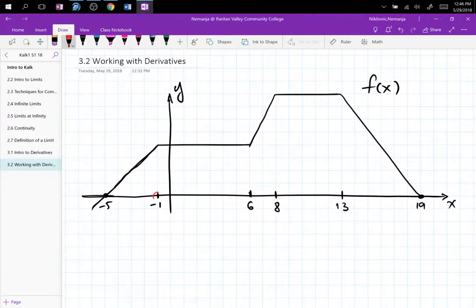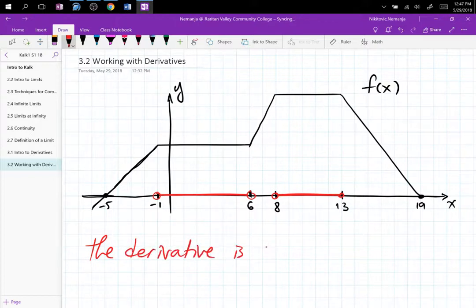So from -1, open circle, to 6, open circle, the derivative function is going to be the red line, it's 0. And also between 8 and 13, the derivative is 0. So the derivative is 0 when f of x is constant.